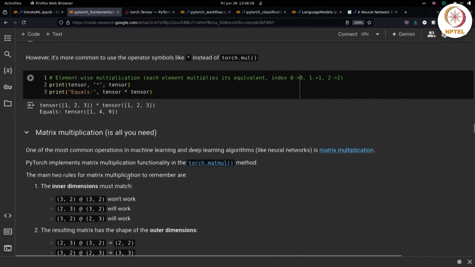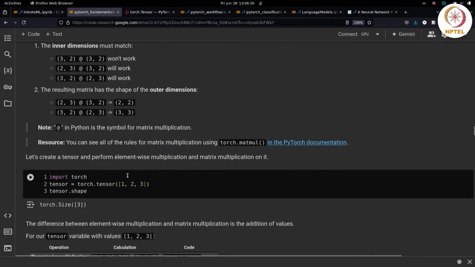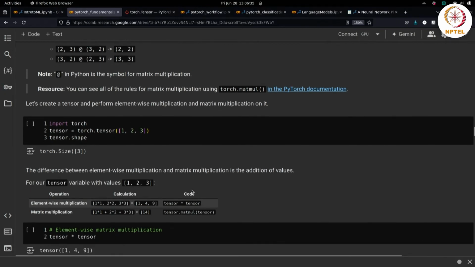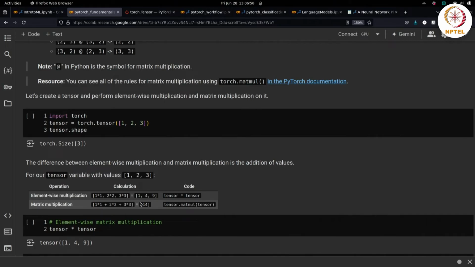Matrix multiplication is what you probably remember from your linear algebra class. Element-wise multiplication is where each element is multiplied with its corresponding element, and in matrix multiplication you associate a row with a column and so on and so forth, right?